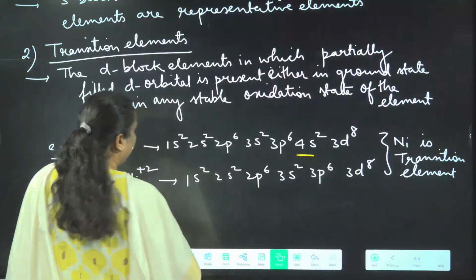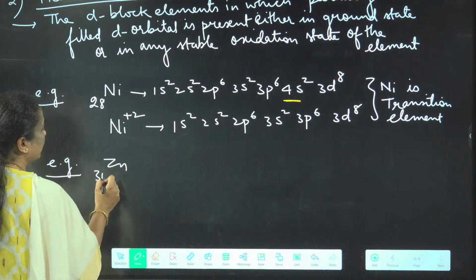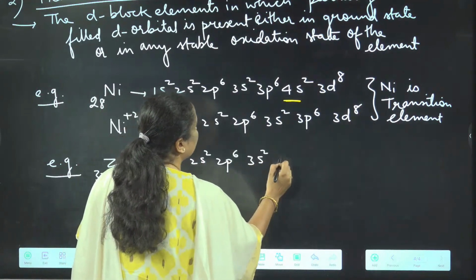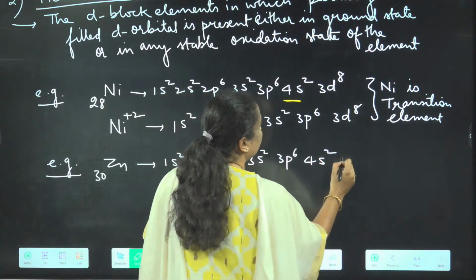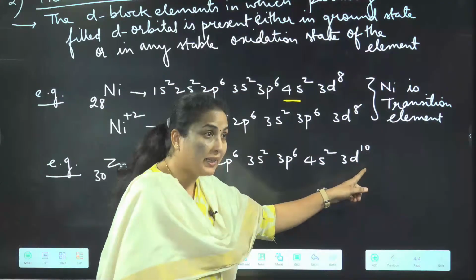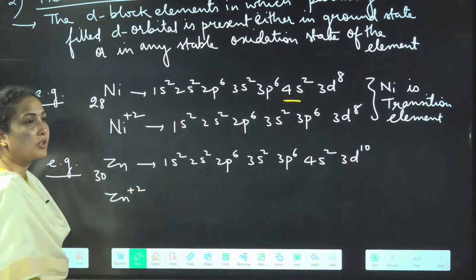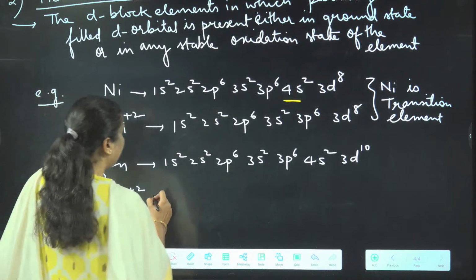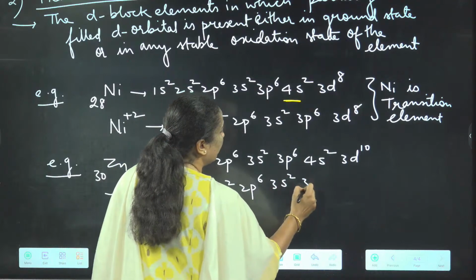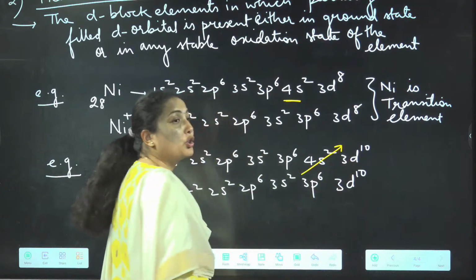Okay. Now let us take another example. Suppose we talk about zinc, which is 30. So I'm going to write 1s2, 2s2, 2p6, 3s2, 3p6, 4s2, 3d10. Now in its ground state, the d orbital is completely filled. Okay. Now, when I write Zn plus 2, which is the stable oxidation state in which zinc can exist, we write 1s2, 2s2, 2p6, 3s2, 3p6, and 3d10, because we have to remove the electrons from the outermost shell.